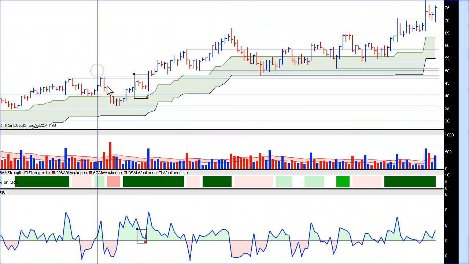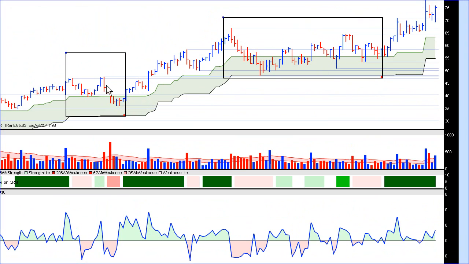At this point here we approached resistance, but we've got a fat bar down, a very strong bar, it pushed and it proved that sellers were still around. Sellers showed themselves here. The other thing you should note is that selling waves do turn up in a sort of form of ABC.